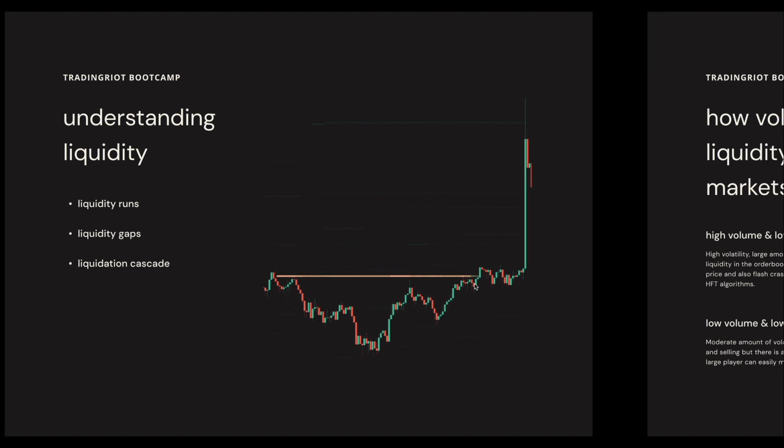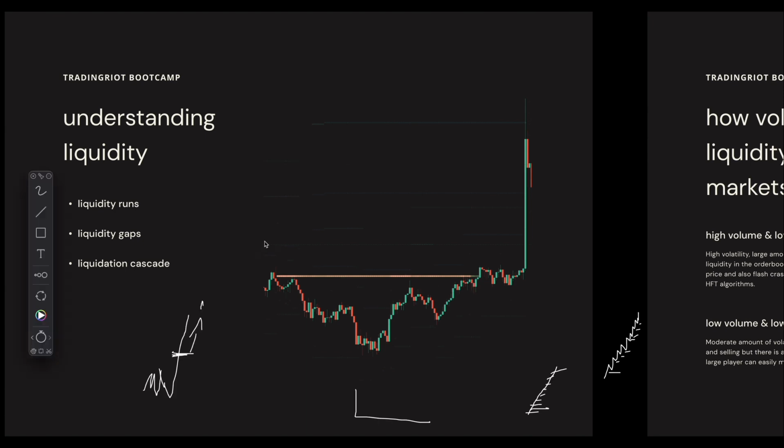Let me actually draw this one for you. When markets are consolidating in a tight range, the gap is created, which is right here, and then market, once it pulls back into the gap and hits the tight range, it will continue its direction higher.